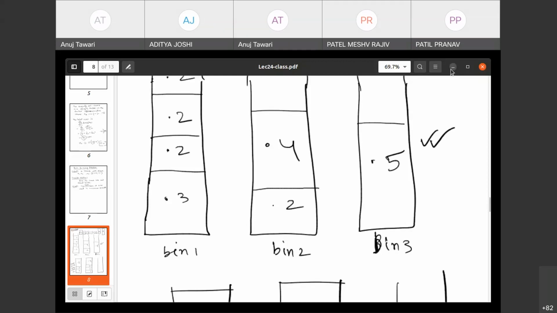So if point 1 is not present, then you will put point 4 in another bin. Okay. Then what do you do?